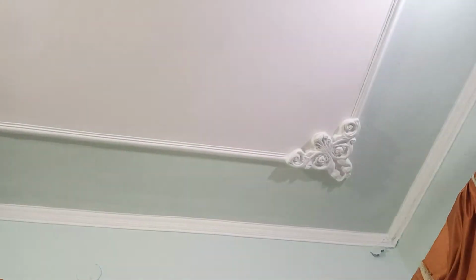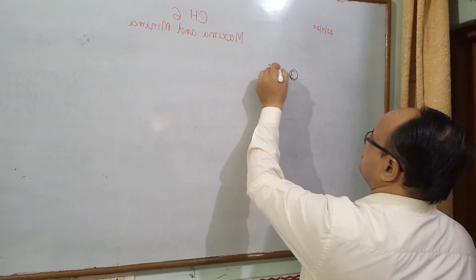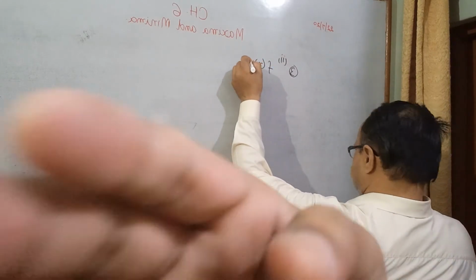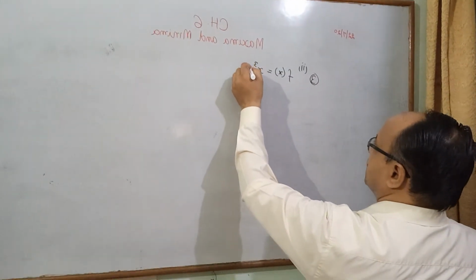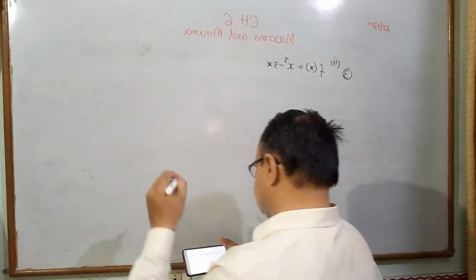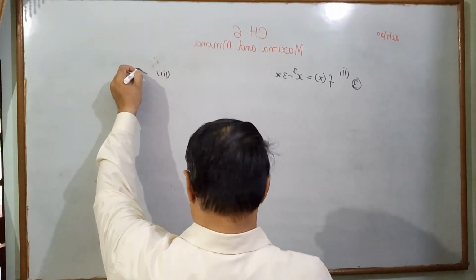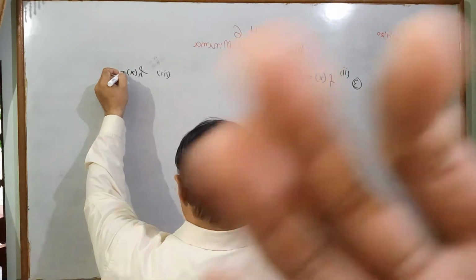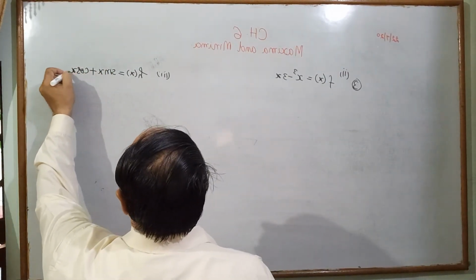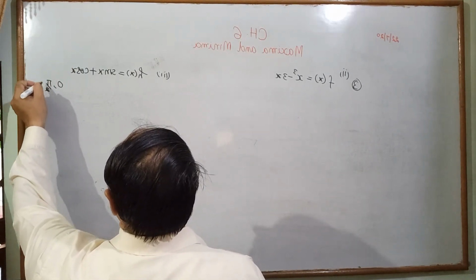Question number 3, second part, that is f of x is equal to x cube minus 3x. This is the second part. And the third part, h of x is equal to sin x plus cos x, on the open interval 0 to pi by 2.